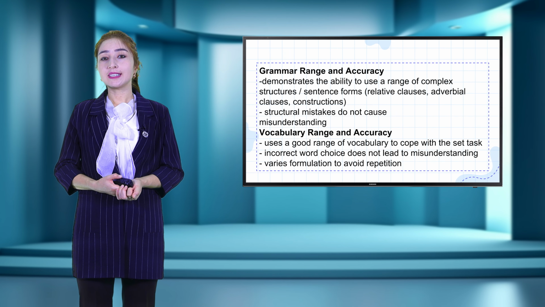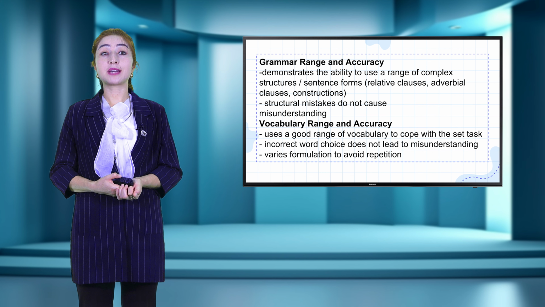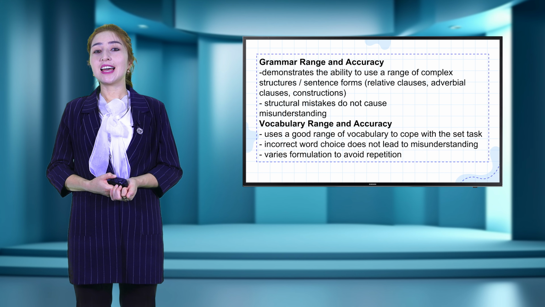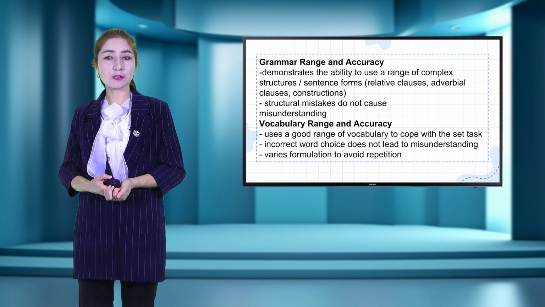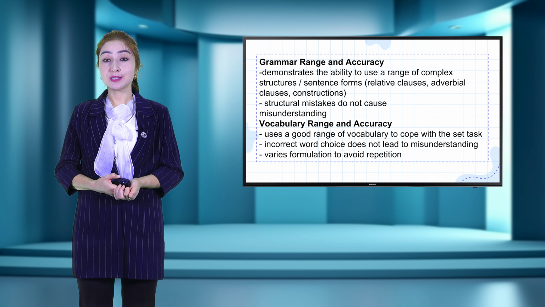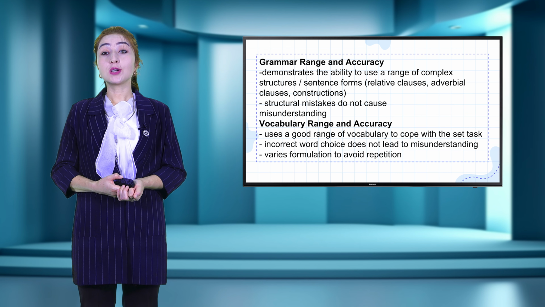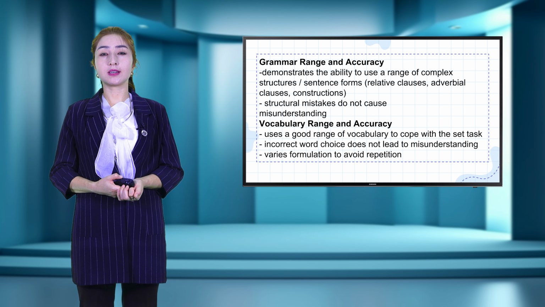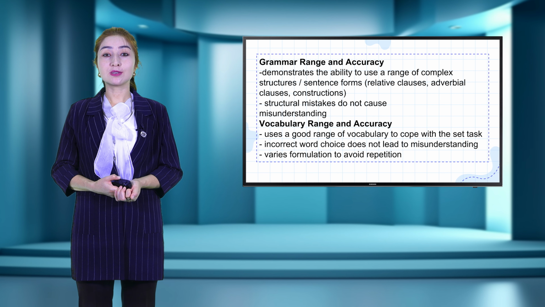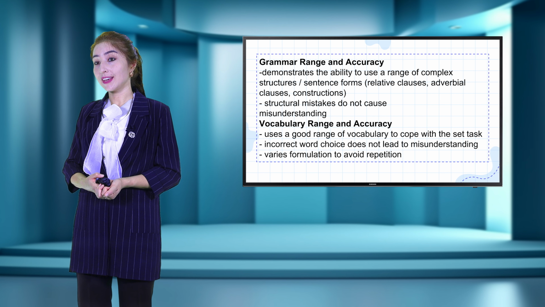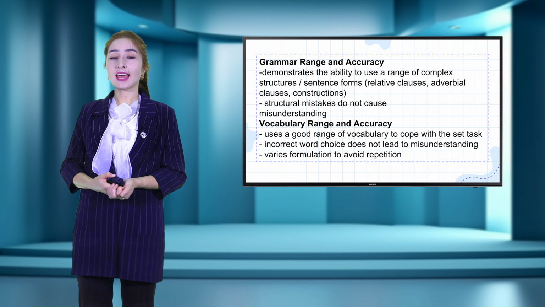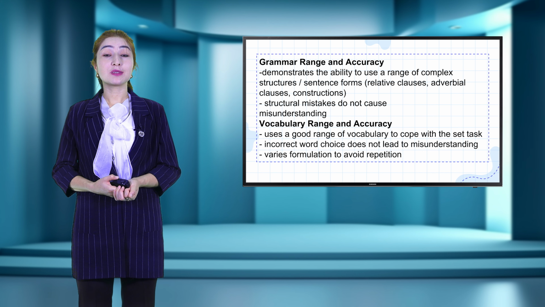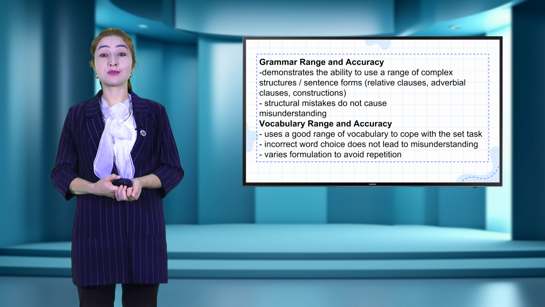The next criterion is grammar accuracy. In grammar accuracy, you must use different types of sentence structure, such as complex sentence structures. The tenses should also be used in a correct way. Also, the passive voice and active voice should be written relying on clear grammar structure.